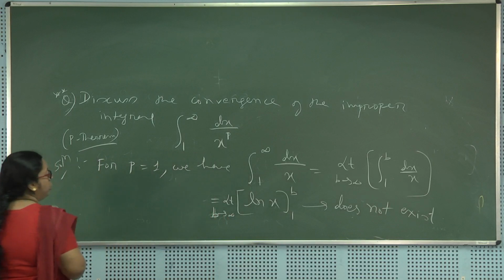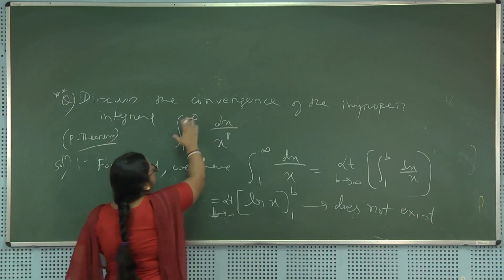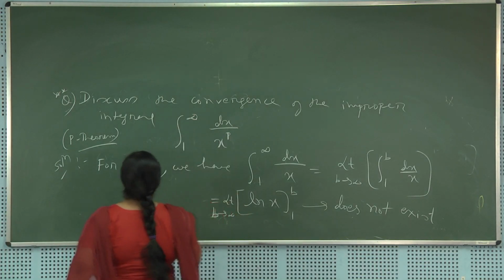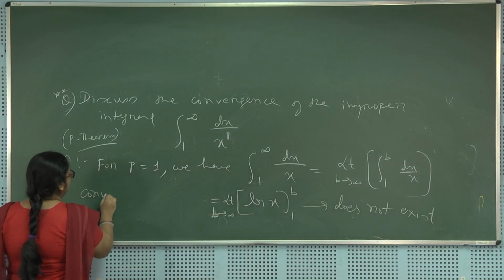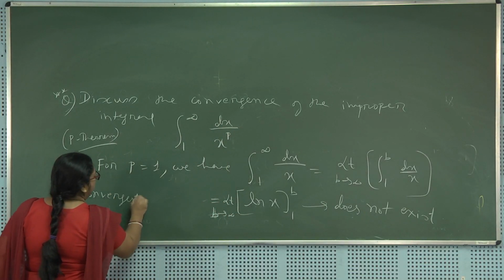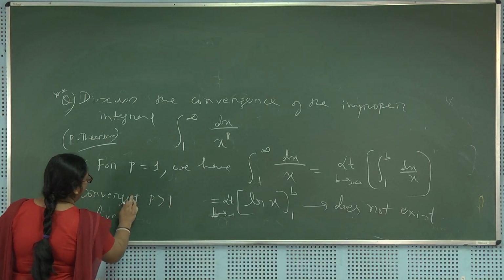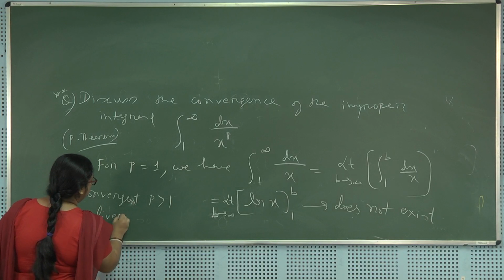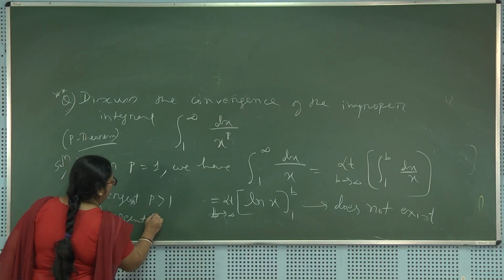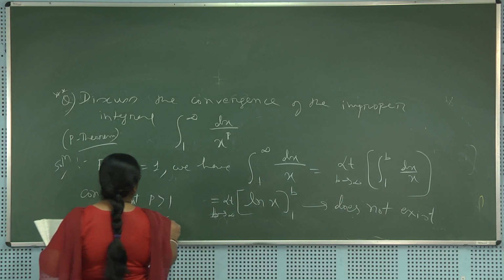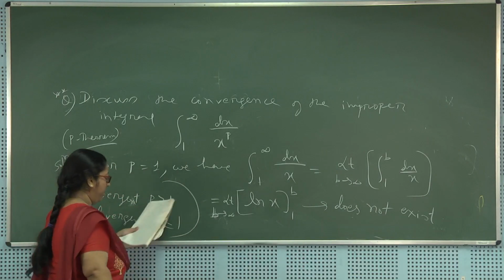So, to sum up, this integral is convergent for p greater than 1, and divergent for p less than or equal to 1. You have to remember.